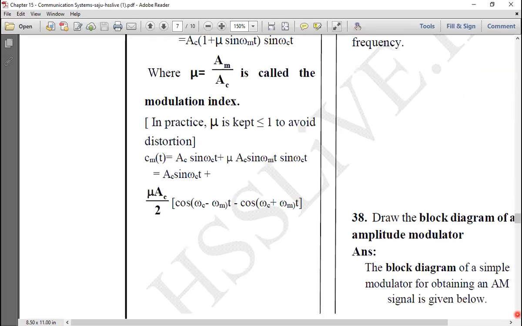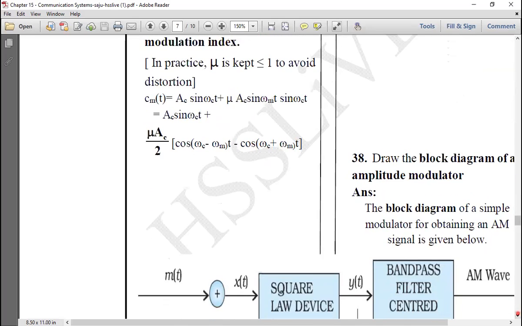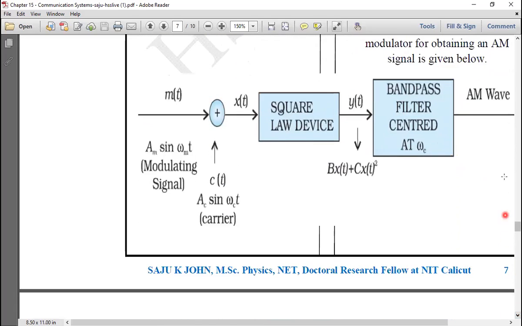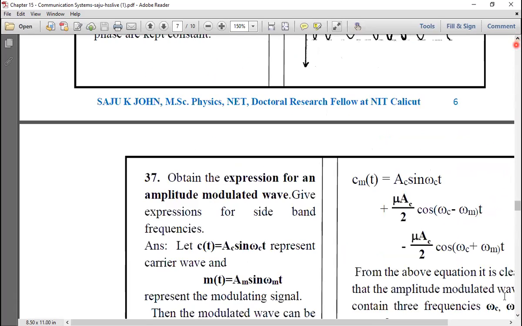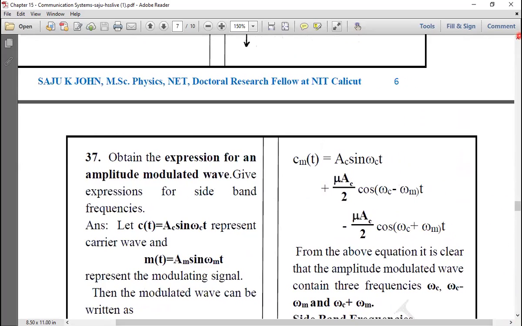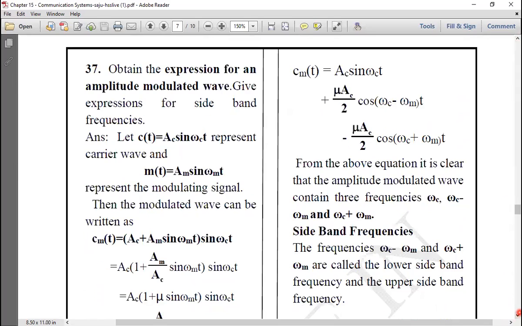Okay, and then this one, Ac sin ωct plus this, you can just add that.